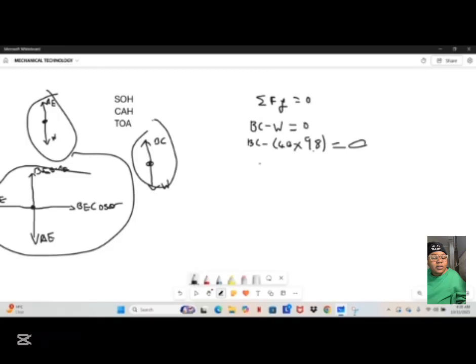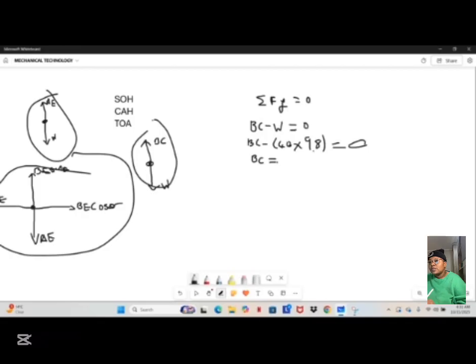Now it's necessary to include the 1. Okay, 392 over 4, and then we're gonna have 392.4 newtons. Please guys, don't forget the signs. Signs are very important, extremely important. We should never forget the signs. Okay, let's move.